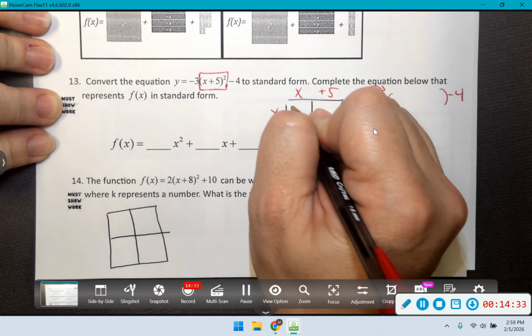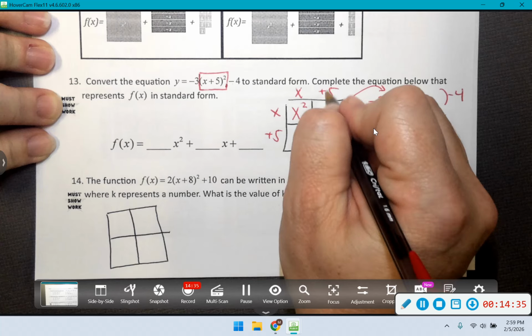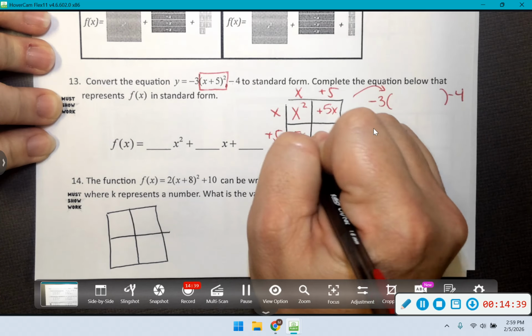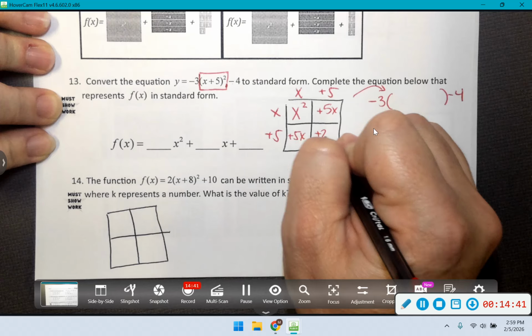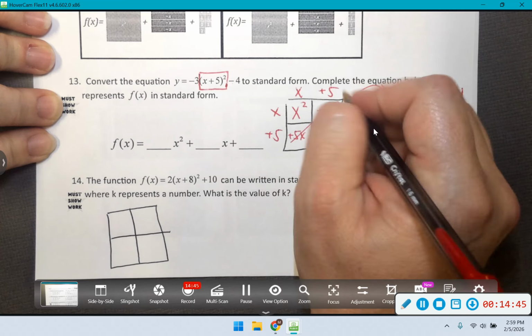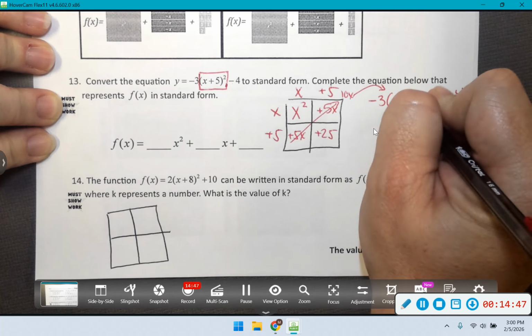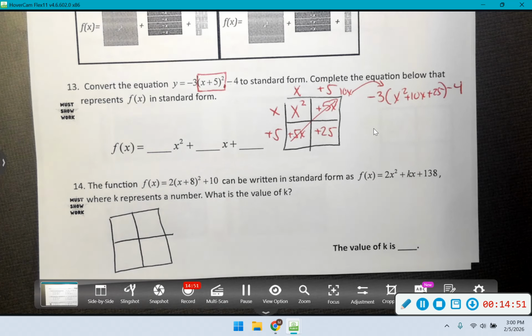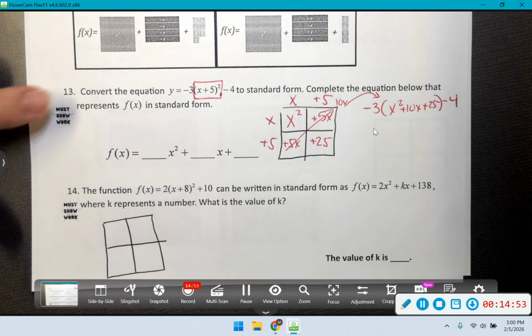So x times x is x squared, x times 5 is 5x, x times 5 is 5x, and 5 times 5 is 25. Well, my diagonal is going to give me 10x, so x squared plus 10x plus 25. So that's my first step I have to show, because this is a show work problem.